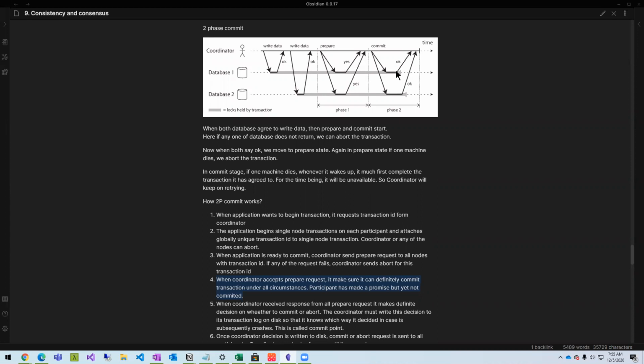So this is the problem with two-phase commit: the coordinator is a single point of failure. If it dies, then these rows will remain locked in that state, right?